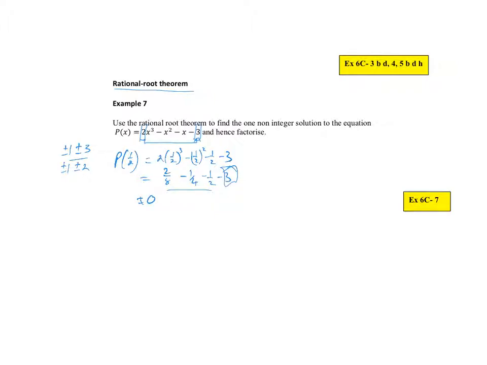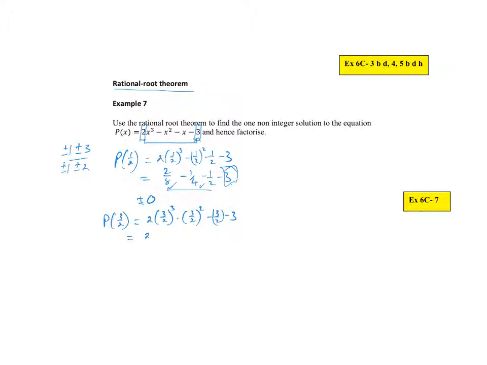So I'm thinking I've got to get bigger numbers here. I've got to try and get these numbers to be bigger than 1 so I can get up towards 3. So I'm going to try 3 on 2. If I try 3 on 2, I end up with 2 times 3 on 2 cubed minus 3 on 2 squared minus 3 on 2 minus 3, which is, what's that, 27 on 8.